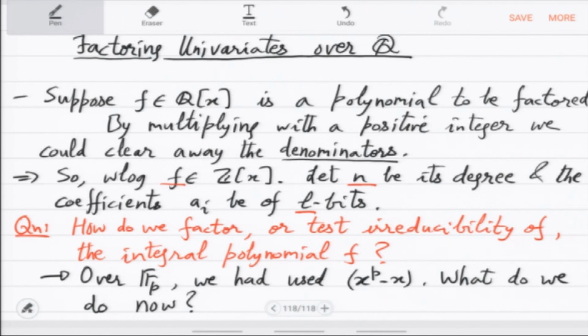There is no Frobenius equivalent here. So instead of trying to solve it directly, we will instead try to relate it to mod p factorization. Look at f modulo a prime and ask the question whether f mod p is reducible.